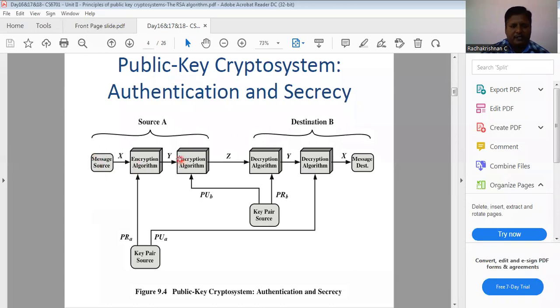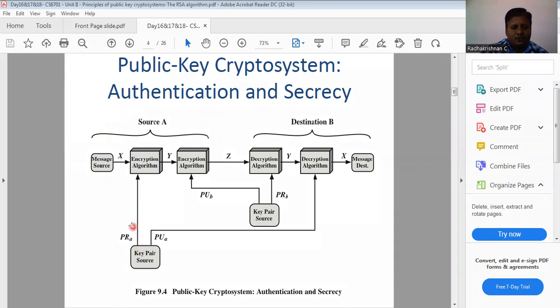This is our source part. Your original message, X, is fed into the encryption algorithm. This encryption algorithm takes as input the private key of the user.